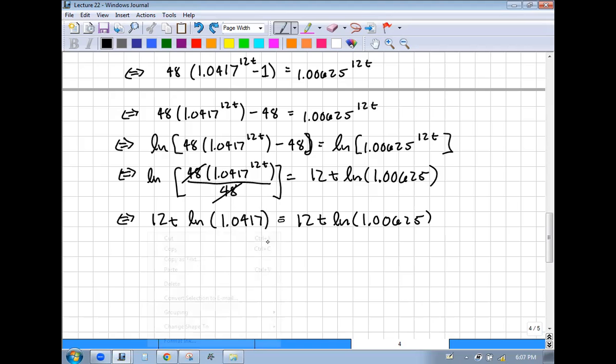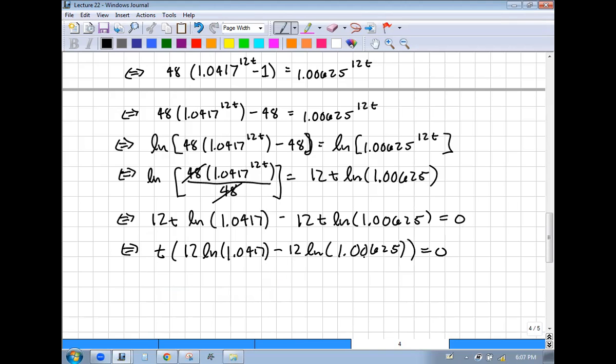Well, if I move this over and then I factor out my t, I'd have t times 12 natural log 1.0417 minus 12 natural log of 1.00625. And the only time that happens is when t is 0.